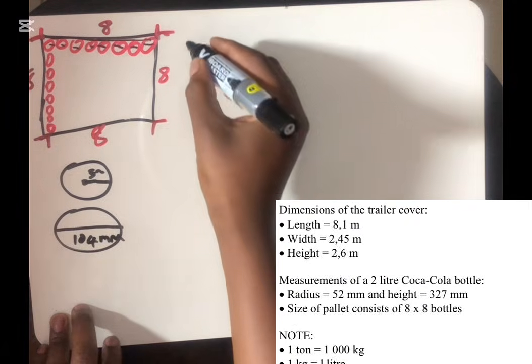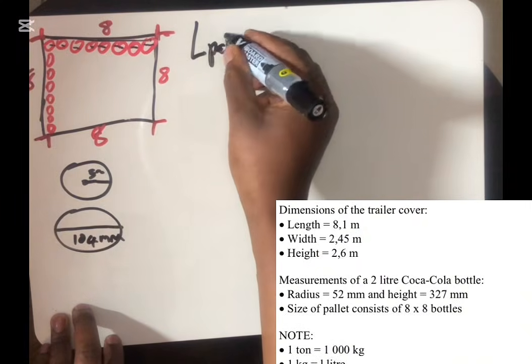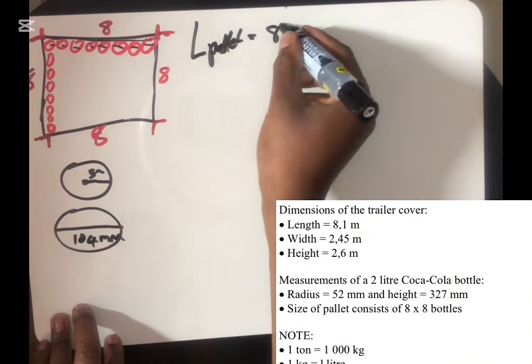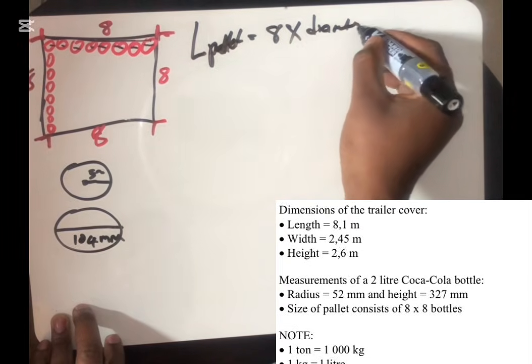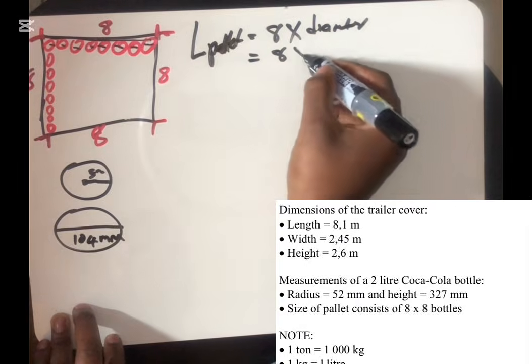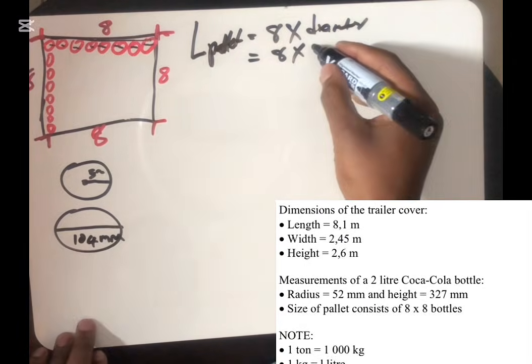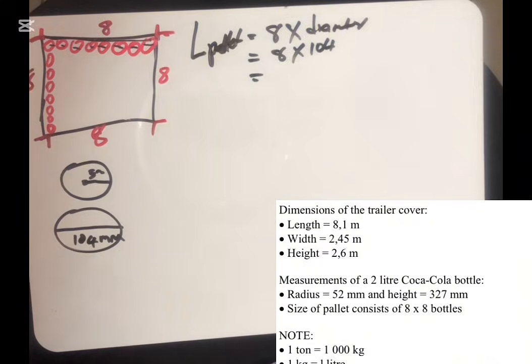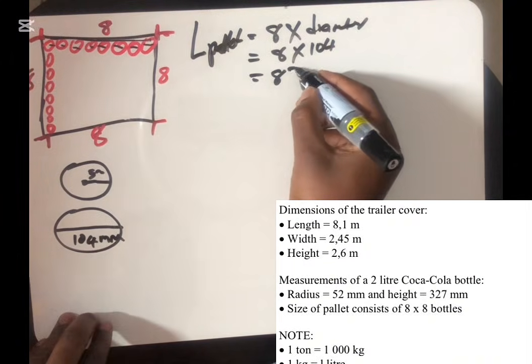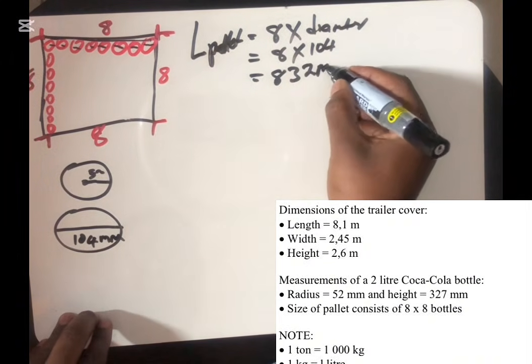So for us to get the length of a pallet, we're just going to say 8 multiplied by diameter, which is 104. 8 multiplied by 104, we found that is 832 millimeters.